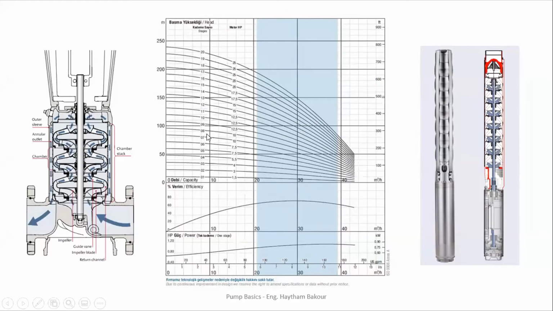And this is going to increase gradually as we increase the number of impellers and stages, and the compressor would increase. Each stage would receive the pressure from the previous one and increase it gradually until we reach the required pressure at the exit of the pump.